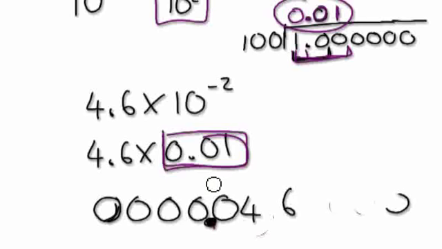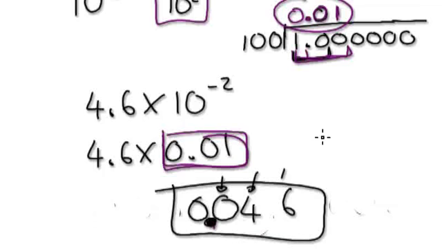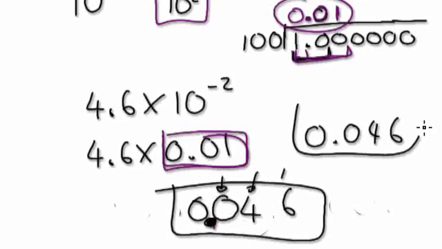It's okay to have a 0 here because it's been covered by the 4 and the 6, but anything after that is just useless information. So now anything above this would be useless information. So when you have 4.6 times 0.01, this is your answer here. It would be 0.04.